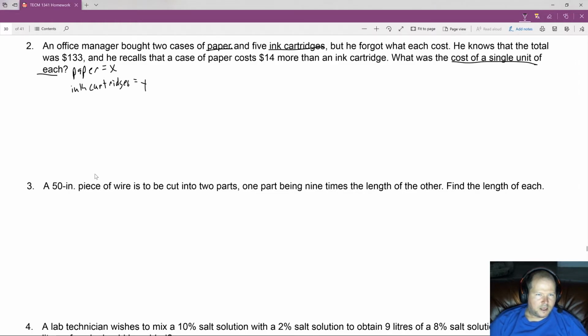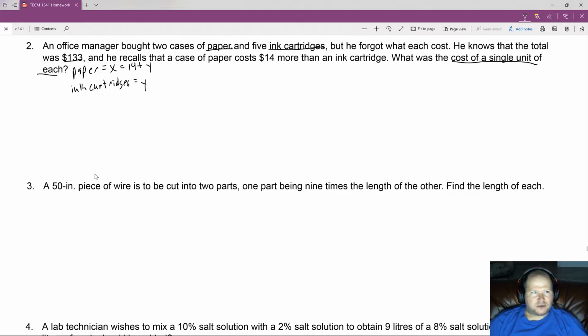We'll say that's Y. Now, we also know that the total was $133, and we also know that the case of paper costs 14 more than an ink cartridge, Y. So 14 plus Y. Okay. And we know the total is 133.